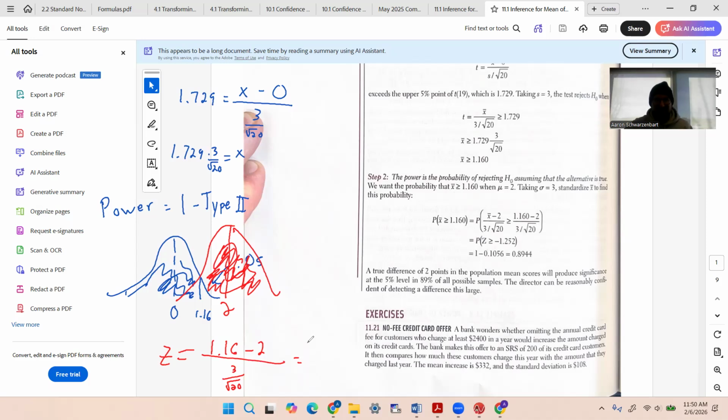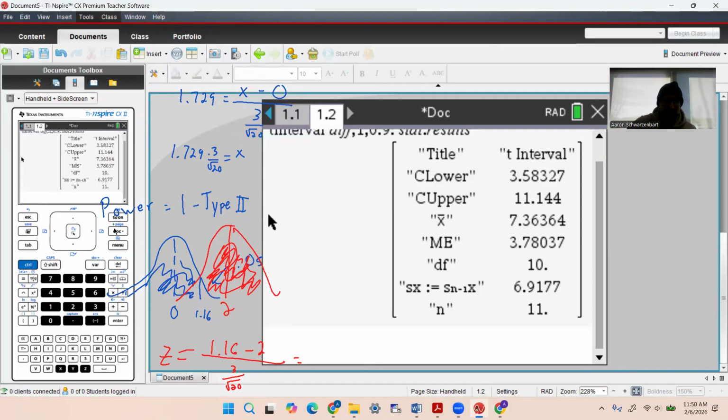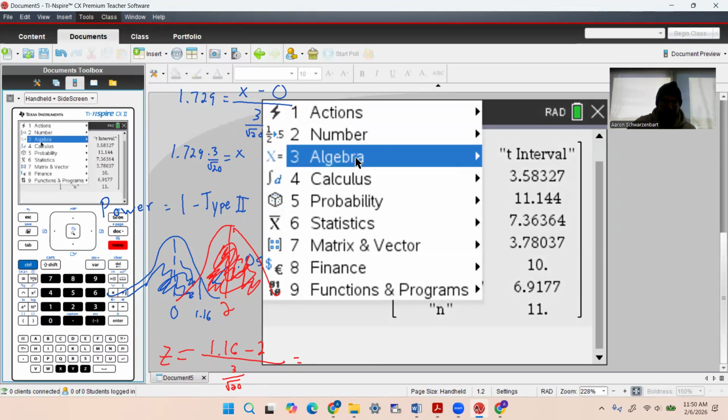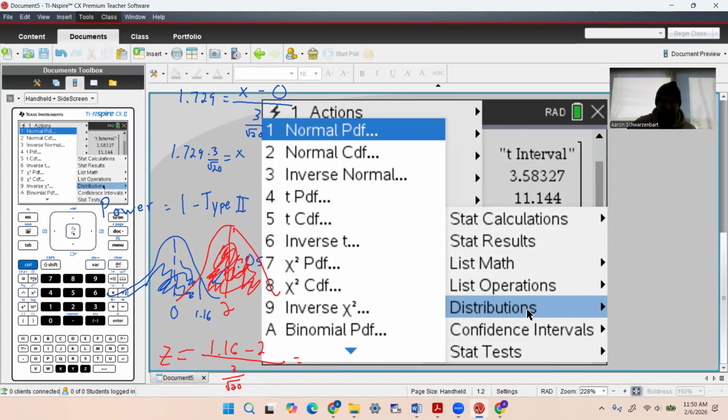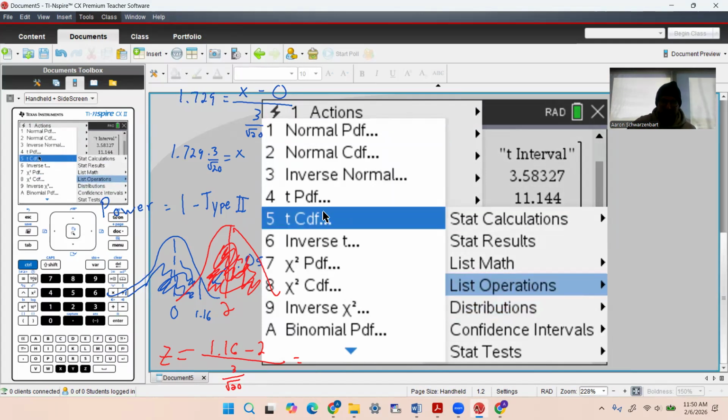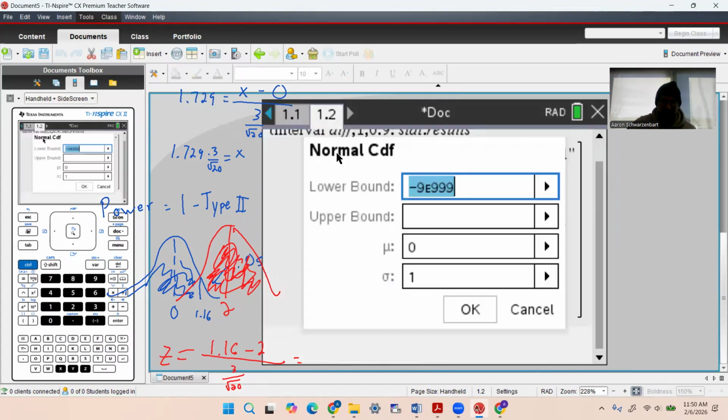And when we calculate that, I'm going to take that to the calculator. I'm going to go to menu, statistics, distributions. I'm going to use a normal CDF. My lower bound is going to be 1.16.